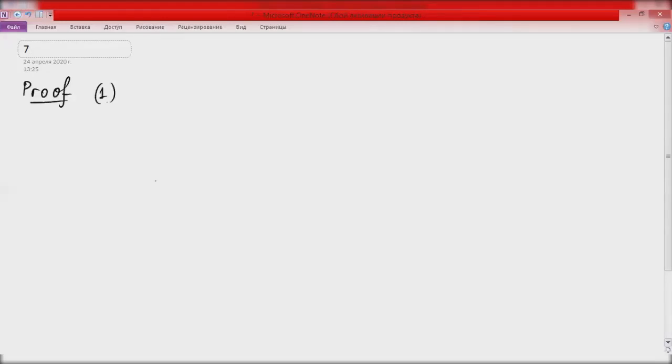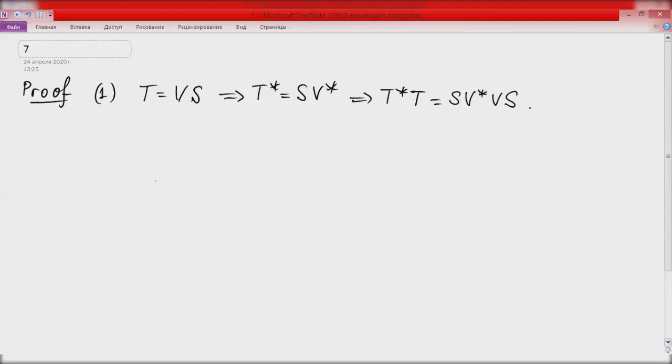So first of all, let's look at part one. So we assume that T equals VS. So this is our assumption. We take the adjoint operators and we see that T star equals SV star. Now S is positive, and so in particular it is self-adjoint. And so T star T equals S V star V S. And now we use the same trick as in the proof of the previous theorem.